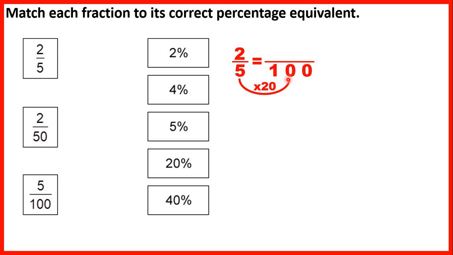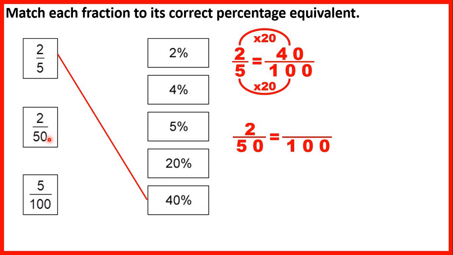So what we do to the denominator, we do to the numerator as well, and 2 times 20 is 40, so that means 2/5 is the same or equivalent to 40%. Now we have 2/50.